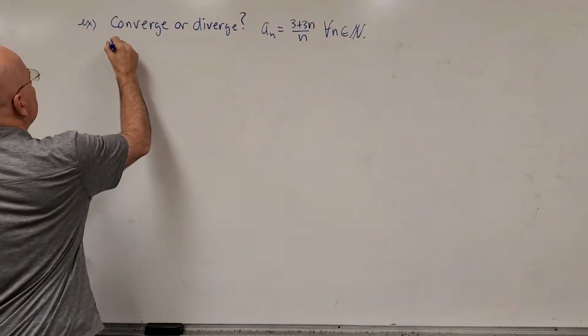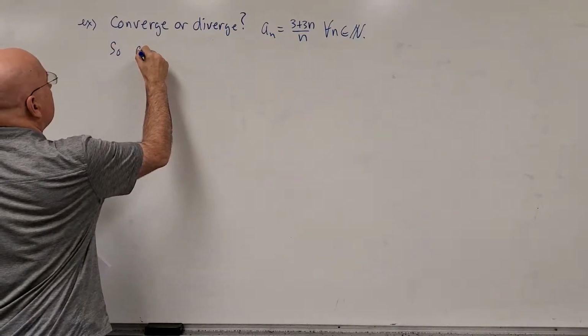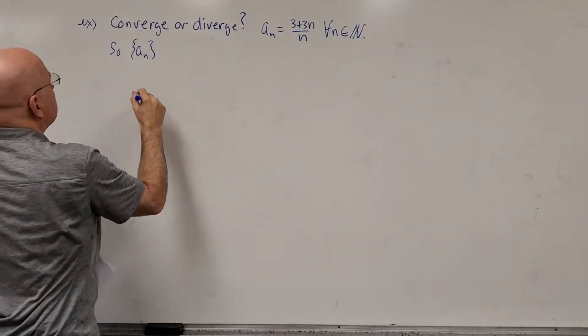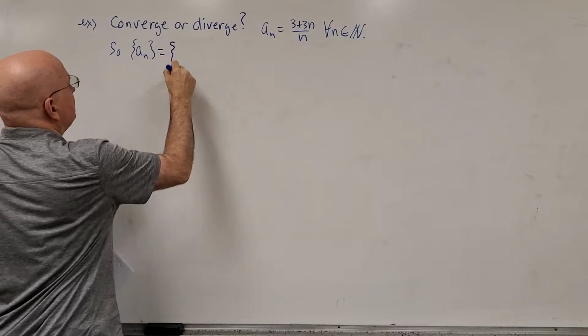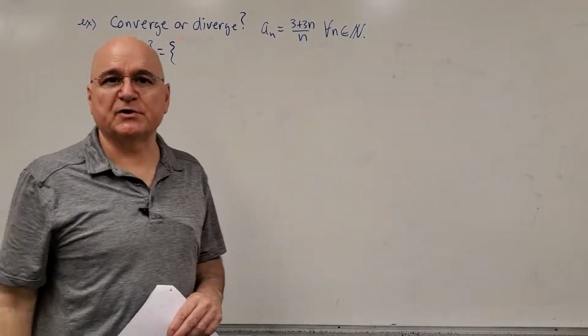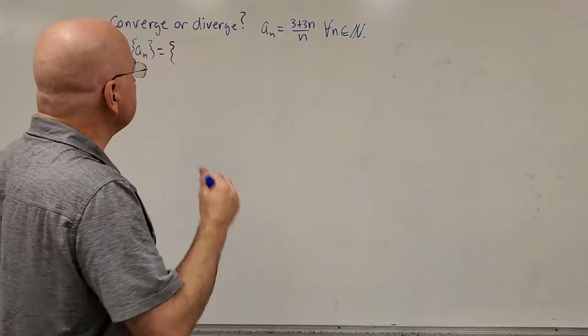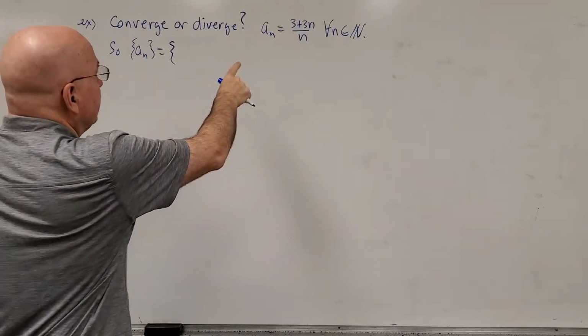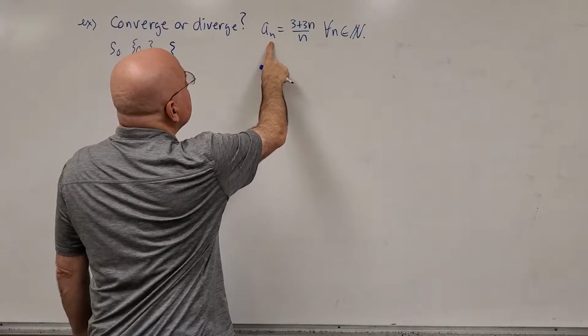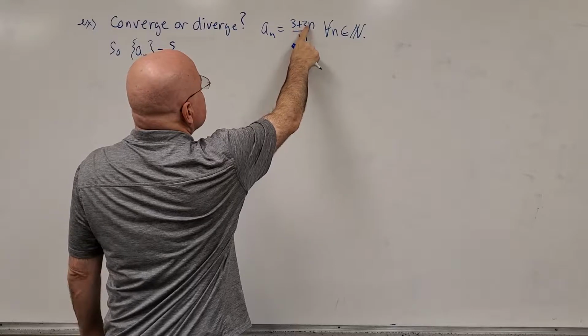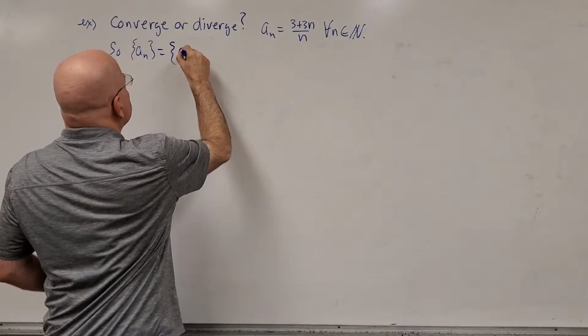So let's just note that this sequence is equal to, let's write out the first several terms and see if we can see what's happening. When n is 1, we get 3 plus 3 over 1, we get 6.